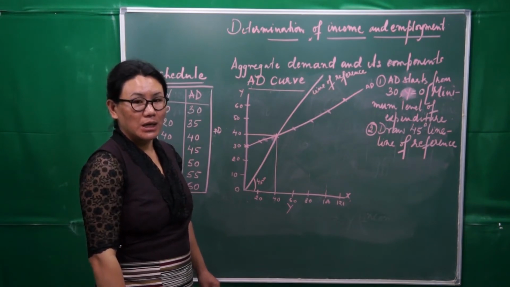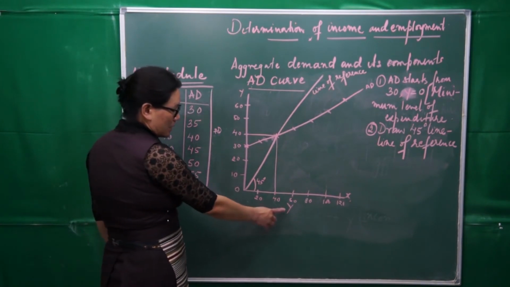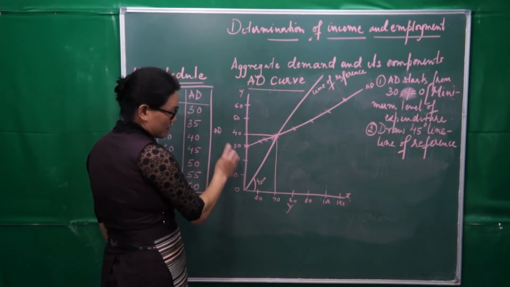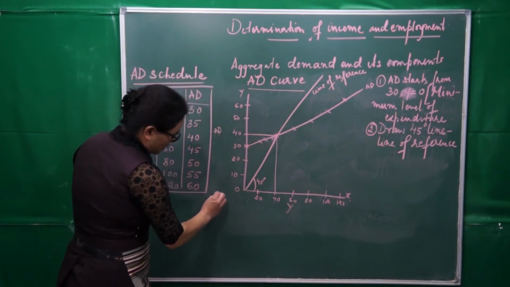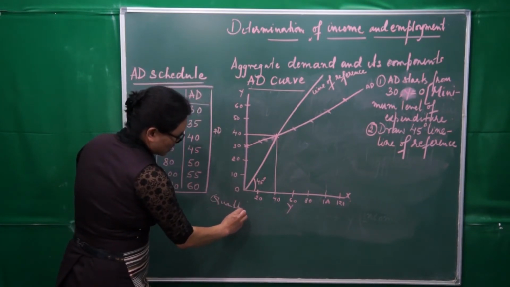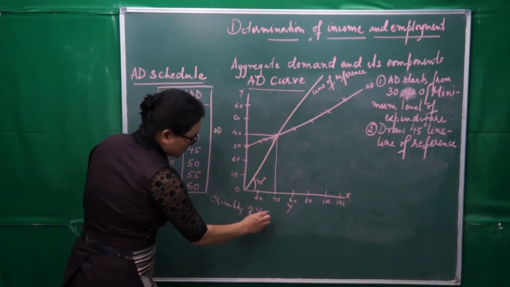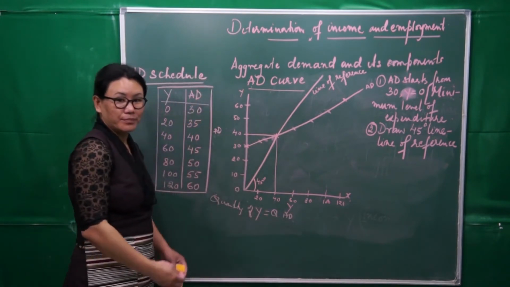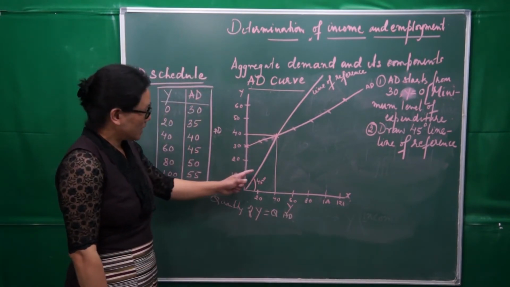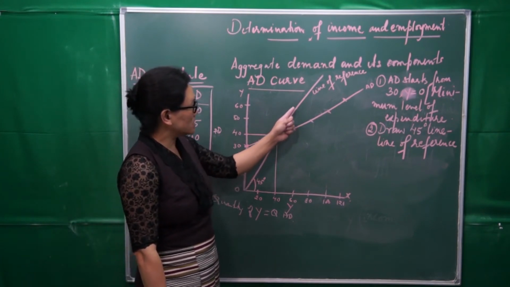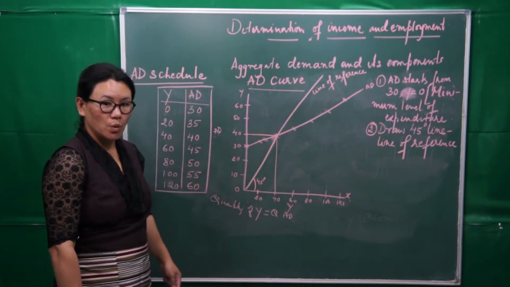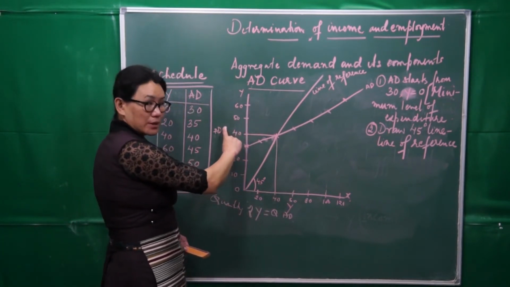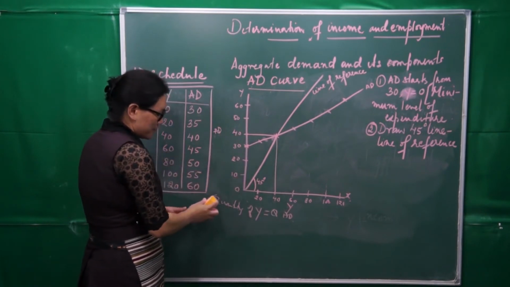It will show what? Equality between these two. Or we can say, for example, quantity of this one is equal to quantity of AD. So I said any point on this line will show the same magnitude of this one and this one. Is that clear? Okay.